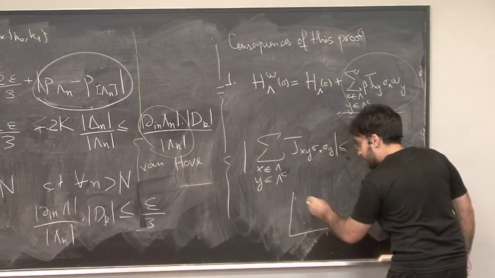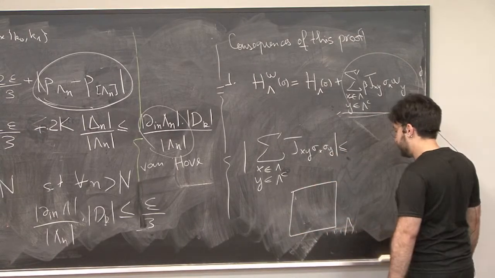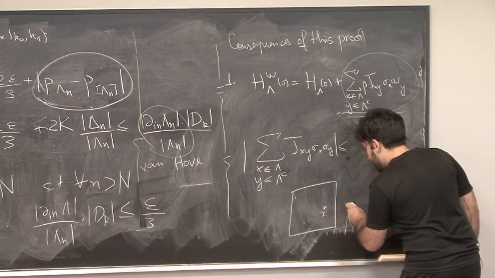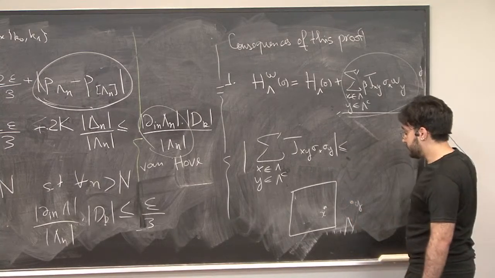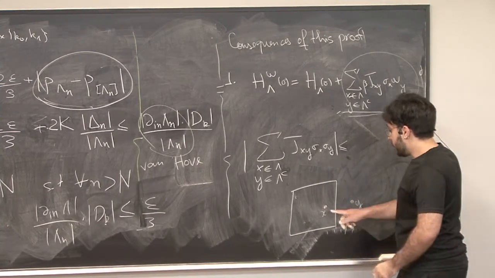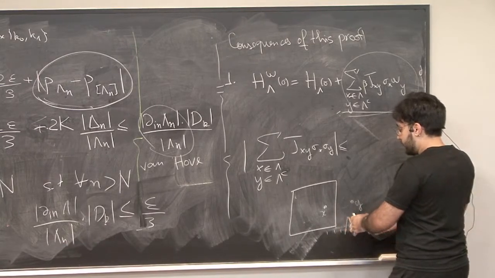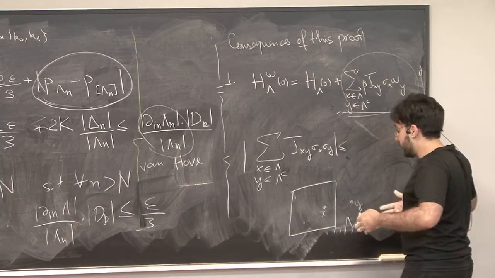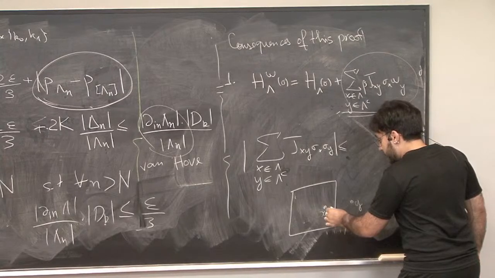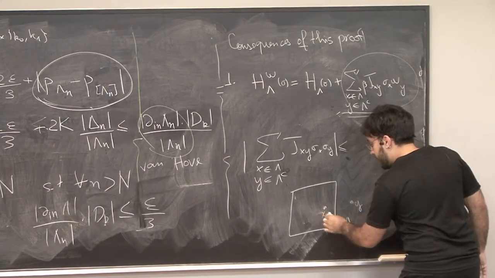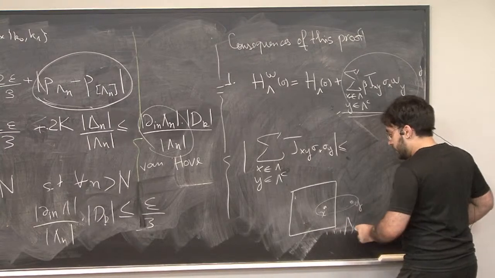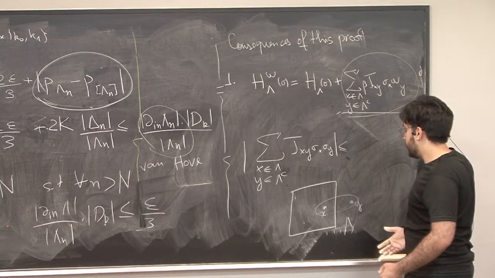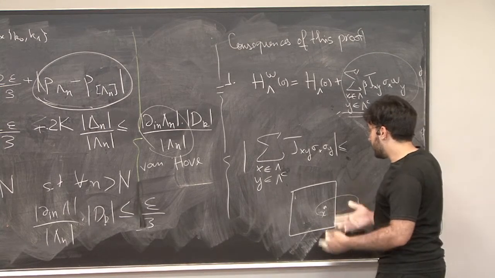Since this is a sum that depends on the inside and the outside, as lambda goes larger and larger, at some point these pairs will be distant, so in that case j will actually be equal to 0.